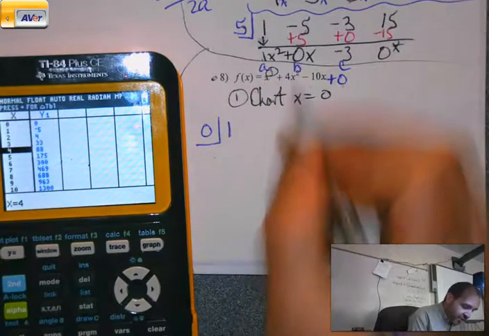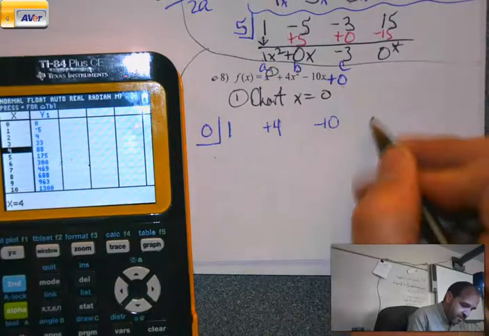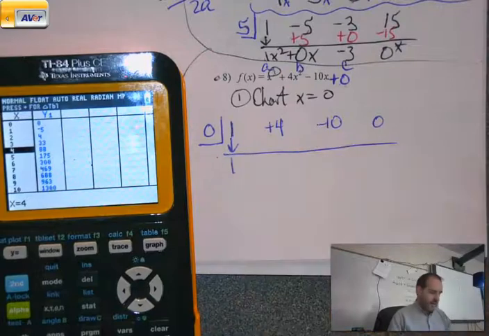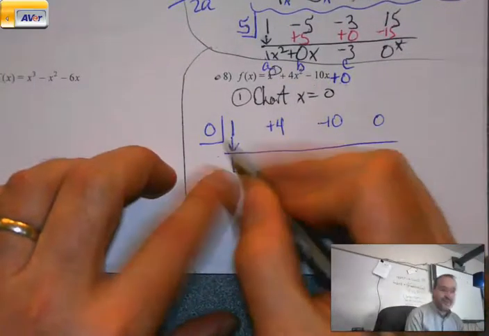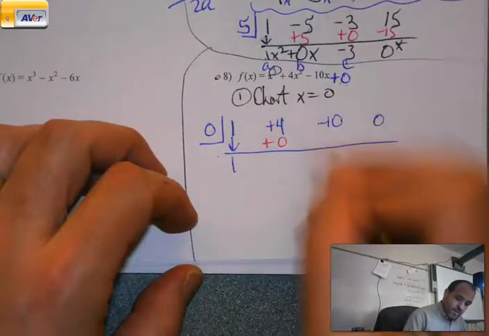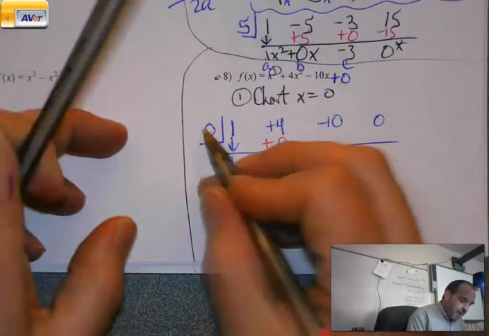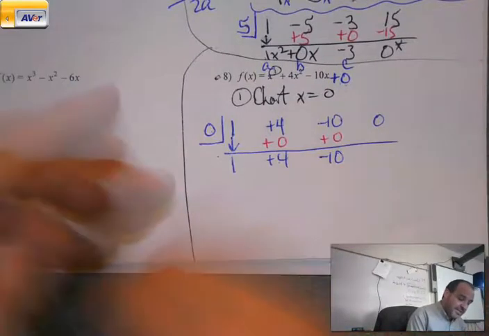So coefficients. And you know it. Here we go. Hey, here's the cool thing, though. What do you get when you multiply by 0? 0 every single time. So that's going to make this go pretty quick. Don't freak out thinking because you got 0 and all these numbers are the same that you did something wrong.